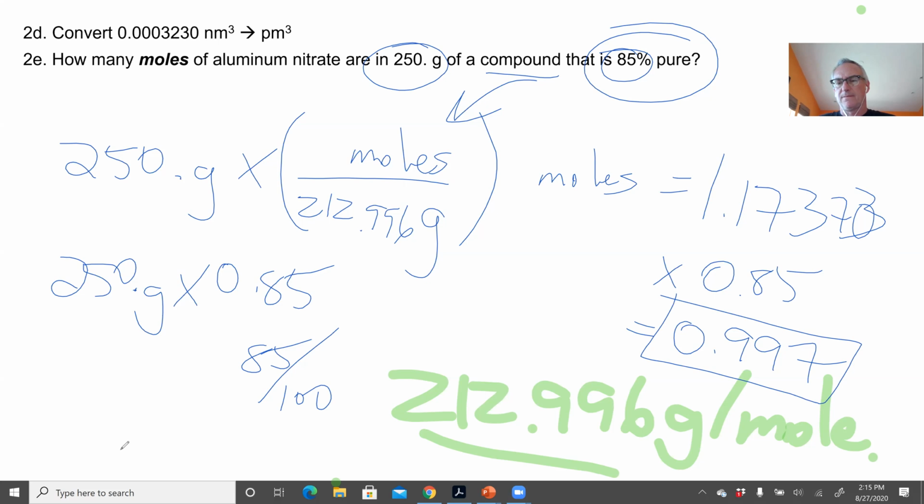I have to round it. This 99 rounds to 100, but I can only give 2 significant digits, so my answer is 1.0 moles.